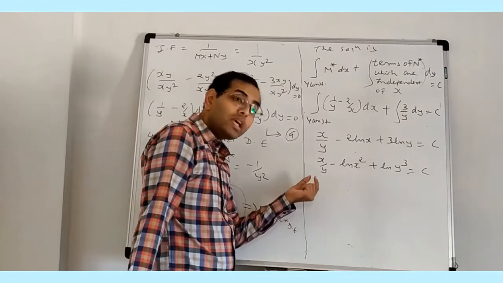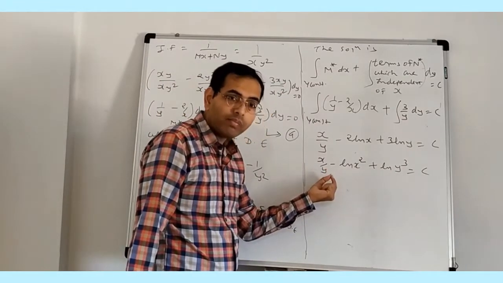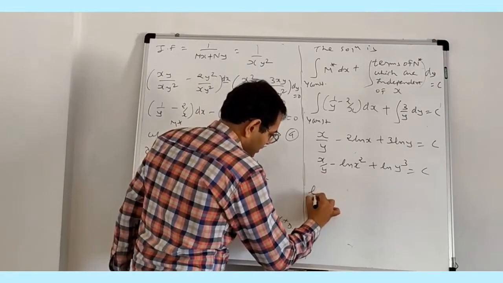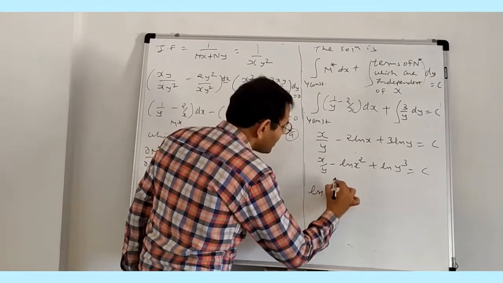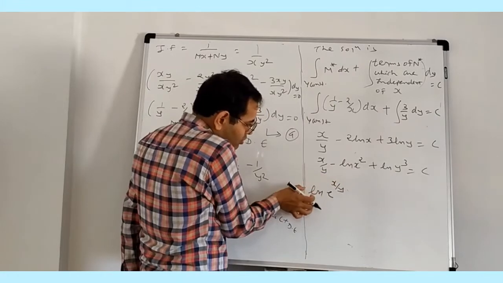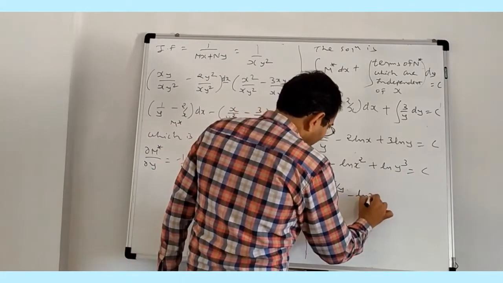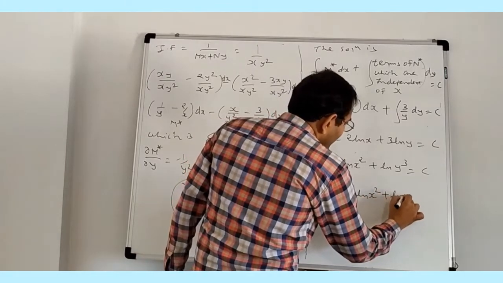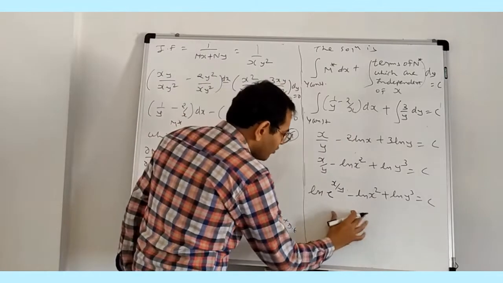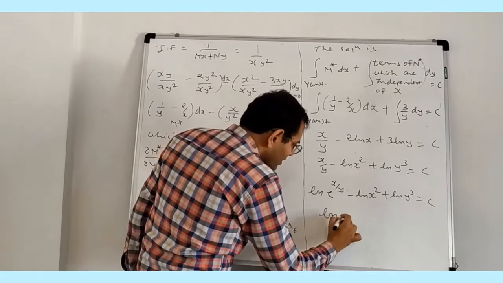Now, if we want to simplify that term, we write ln e raised to x by y. According to the properties of logarithm, x by y goes above, since ln e is 1, minus ln x square plus ln y cube equal to c. Then according to the properties of logarithm, addition becomes multiplication and subtraction becomes division.